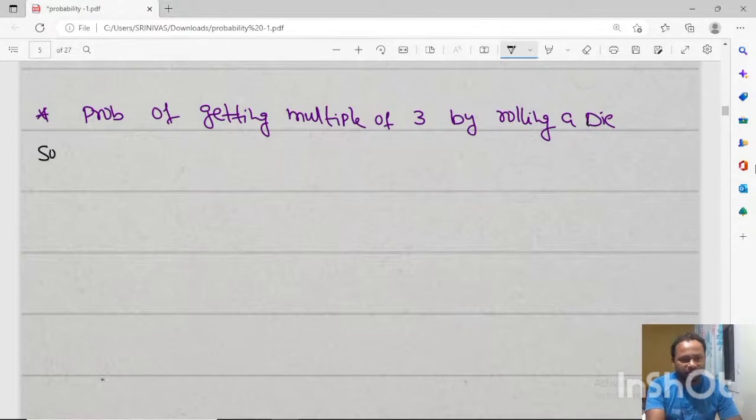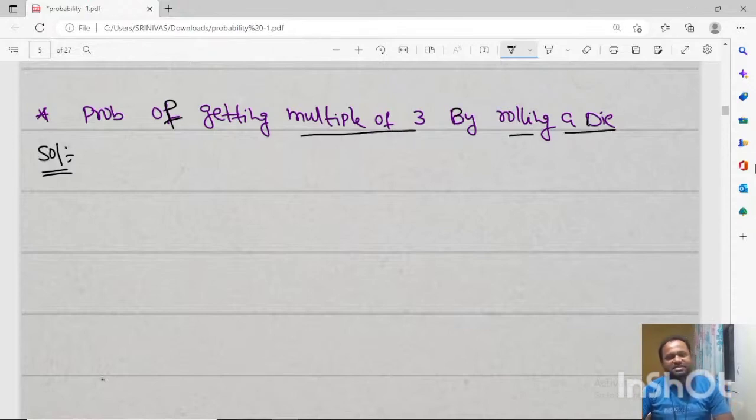See another problem. What is the probability of getting a multiple of 3 by rolling a die? This is the question.